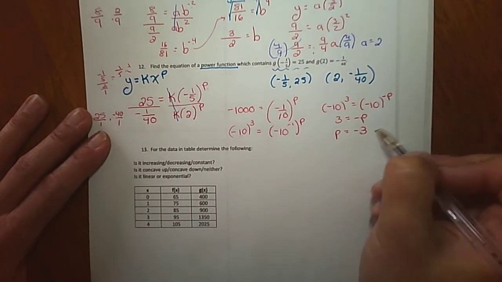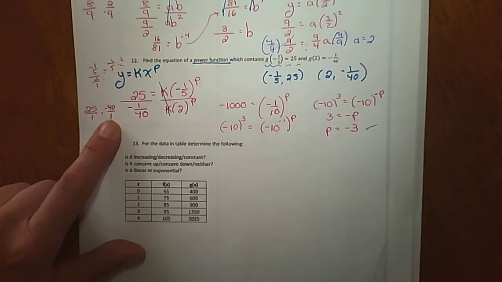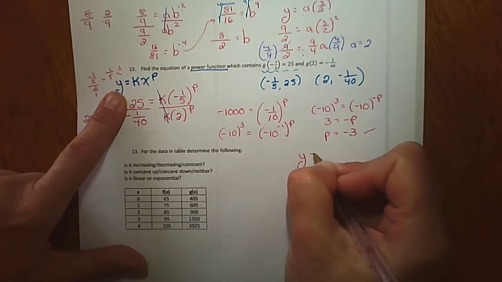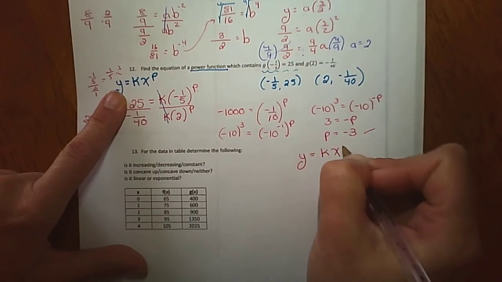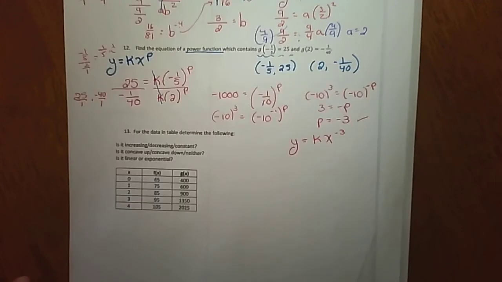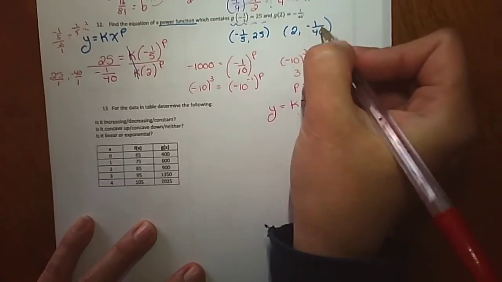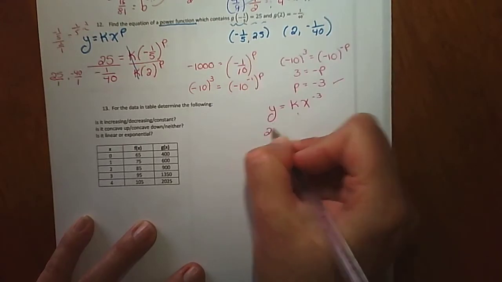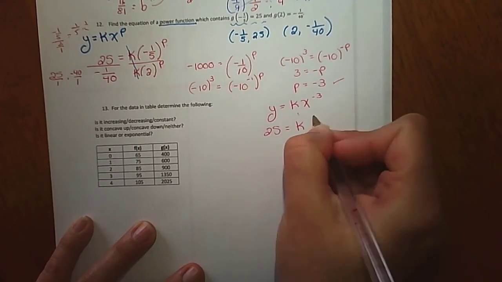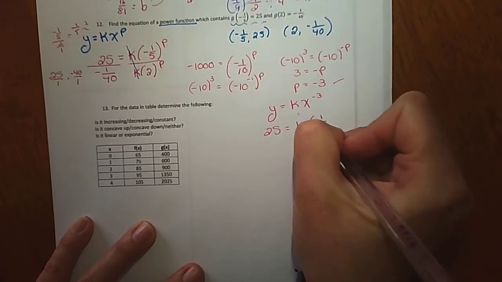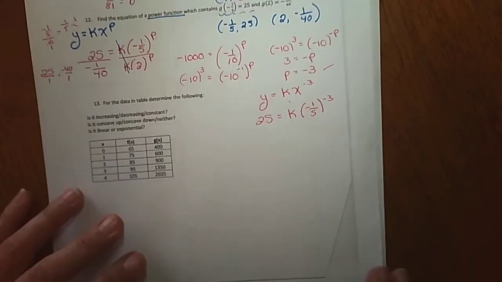So I got one piece of the puzzle. So now I come back, and then we have y equals k x to the negative 3. Pick a point, we're going to plug it in. Doesn't matter which one. So let's say I use this guy. So I do 25 equals k, negative 1 over 5 to the negative 3.